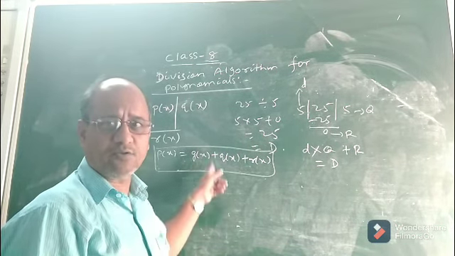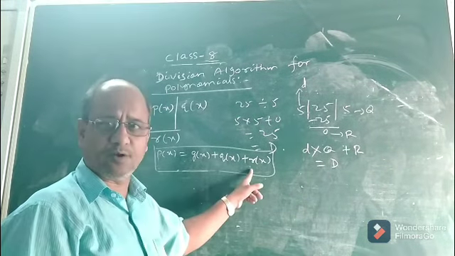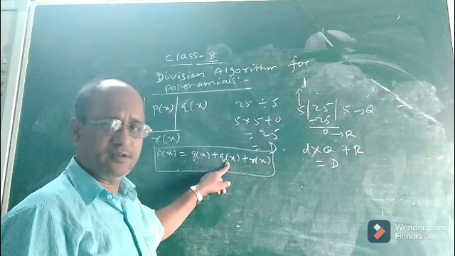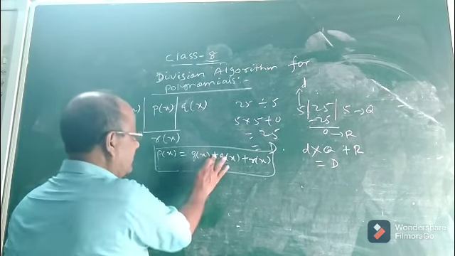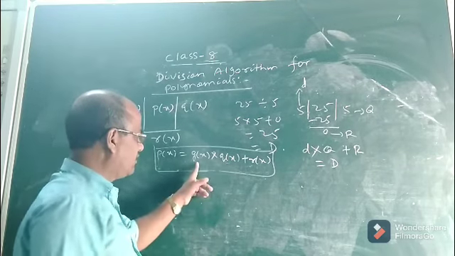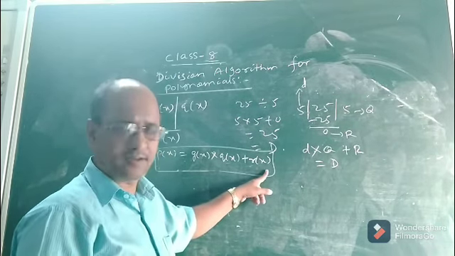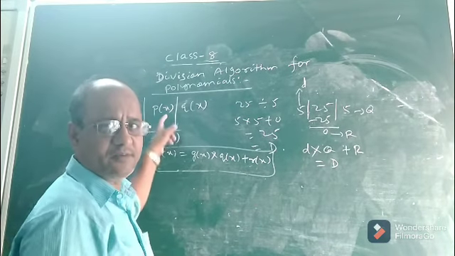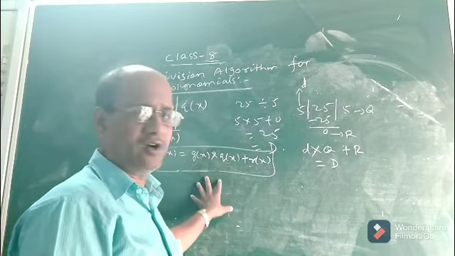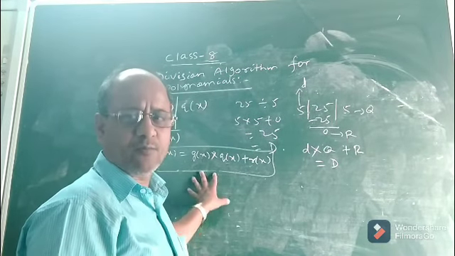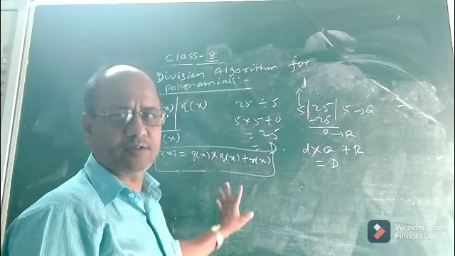To verify whether your division is correct, you will use this formula. If the product of g of x and q of x plus the remainder r of x is equal to p of x, that is the dividend, then only your division is correct. This is the division algorithm for polynomials, which is particularly used to find out whether our division is correct or not.